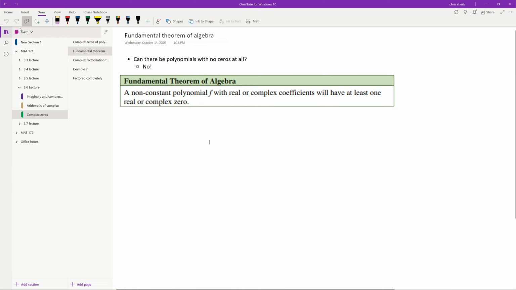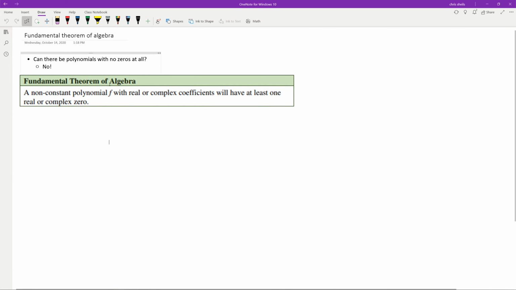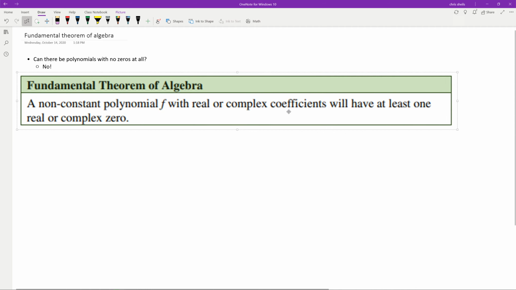So let's look at this thing called the fundamental theorem of algebra. The question that would lead us to this is, can there be any polynomials that don't have any zeros? And the answer is no. The fundamental theorem of algebra says a non-constant polynomial f with real or complex coefficients will have at least one real or complex zero.